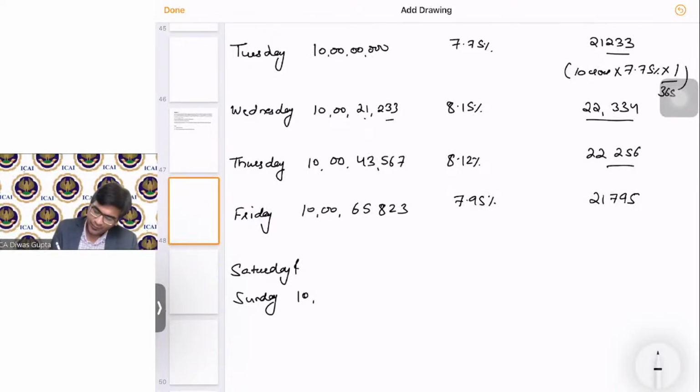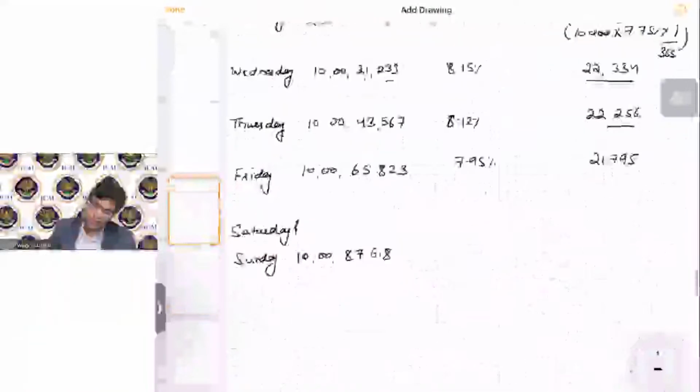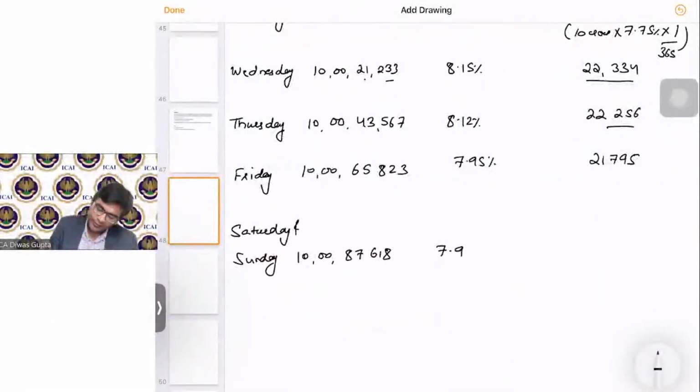10 crore 87,618 is the amount. And for Saturday, what is the rate? 7.98. Here, students, please remember we have to take 2 by 365 because there are 2 days. So we have to multiply.